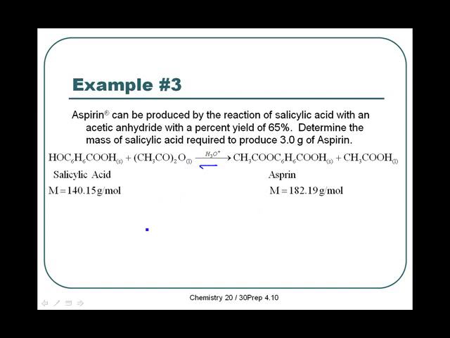So we know we want an experimental yield of 3.0 grams. They also told us the percent yield is 65%. From these two pieces of information, we can find out the theoretical yield.